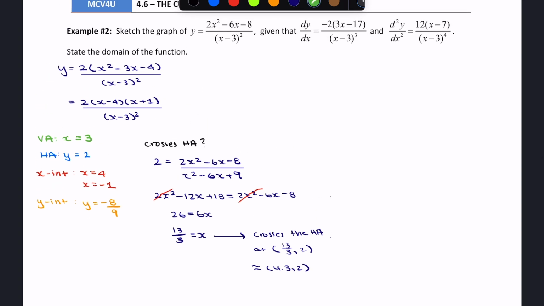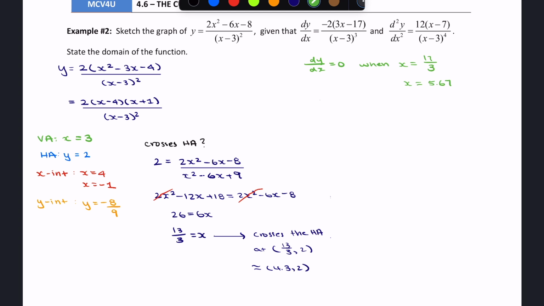So let's now look at our first derivative. So here we see that dy over dx, our first derivative, is equal to 0 when 3x minus 17 is equal to 0, which gives x is equal to 17 over 3. And so the first derivative is equal to 0 when x is approximately 5.76.